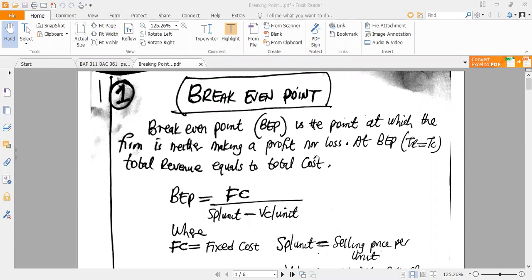Even those who are doing management theory and practice, this is a common topic found in both management theory and practice and cost and management accounting. So if you understand it well, we are killing two birds with one stone.